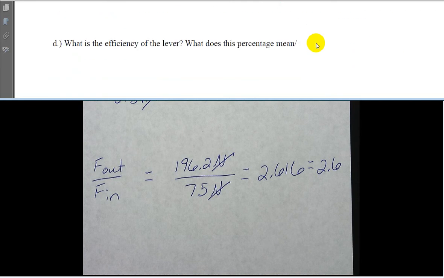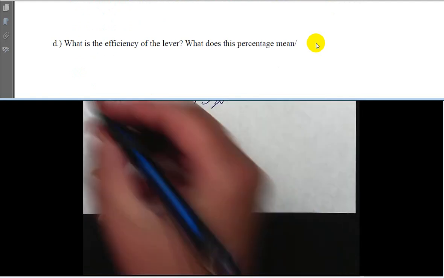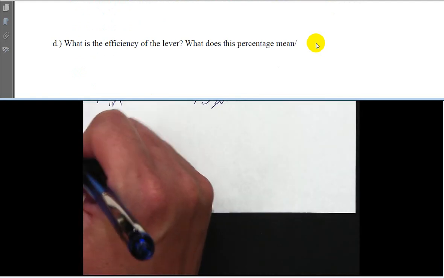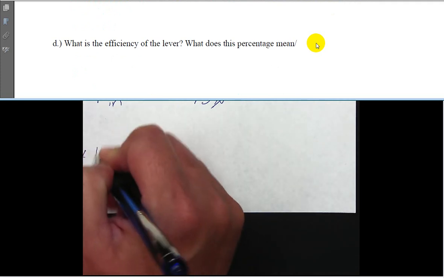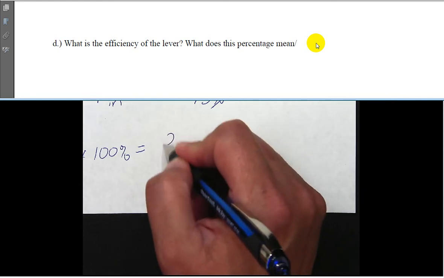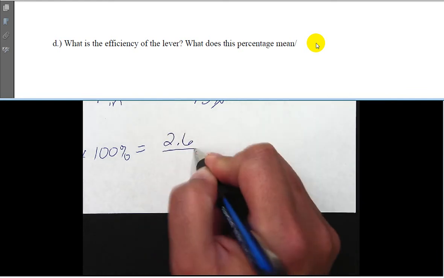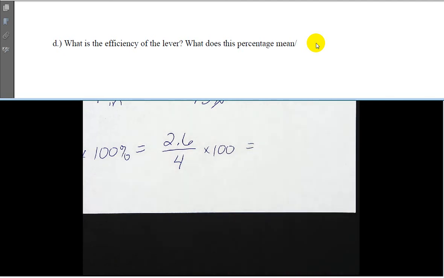And the next one: what is the efficiency of the lever? What does this percentage mean? Efficiency is always AMA over IMA times 100. That's going to give me my percent. My AMA was 2.6, my IMA was 4, times 100.